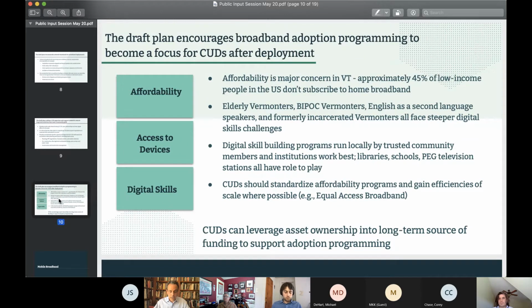There is, though, a 10-year time horizon to this plan, and it is beyond just this massive infrastructure build that we all, I think, believe is important, and we want to make sure that we make broadband available, but also accessible and affordable.